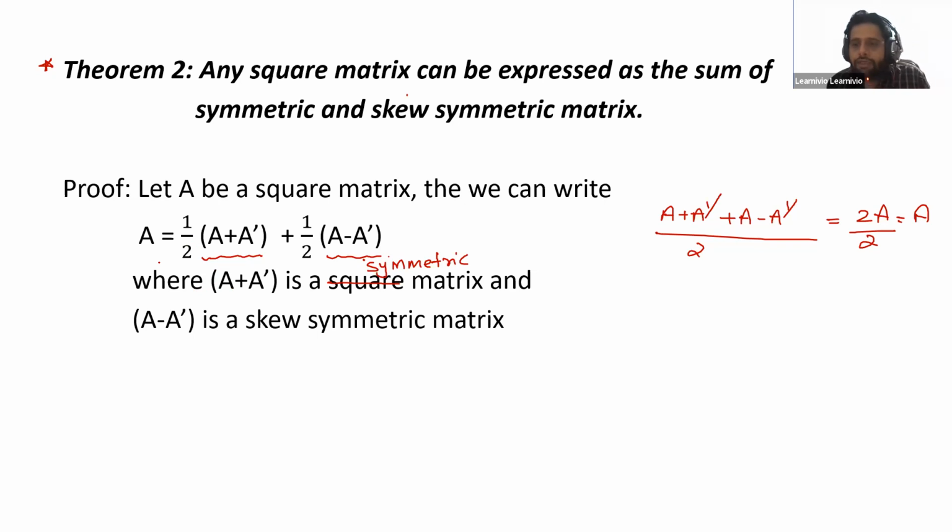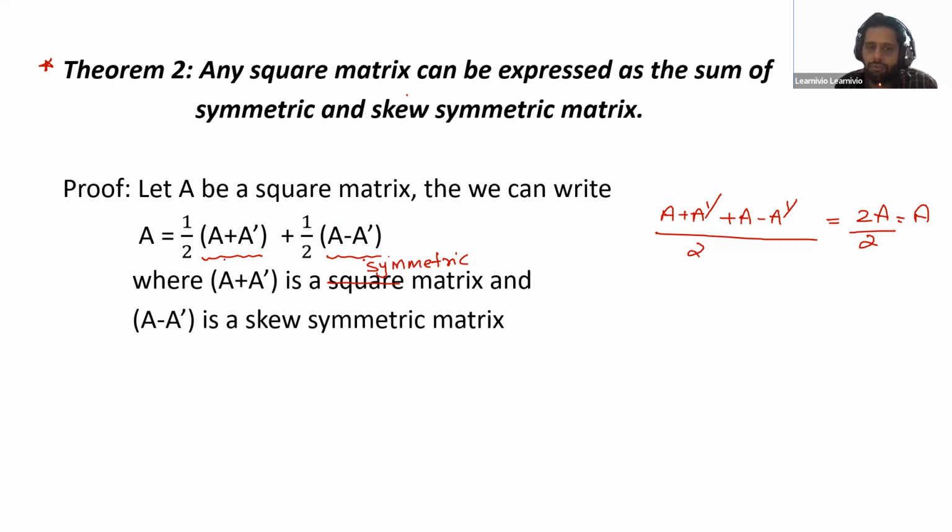Okay, why are we taking 1 by 2, Abdul? We are not taking 1 by 2 on both sides. We have taken 1 by 2 only on the right side. So why have we taken this? So that we will again get A. First thing we need to see is what final result we are expecting. We are expecting two matrices. First is a symmetric and second is a skew symmetric matrix.